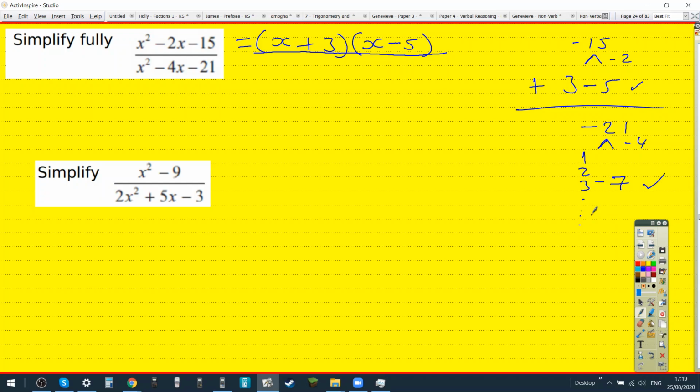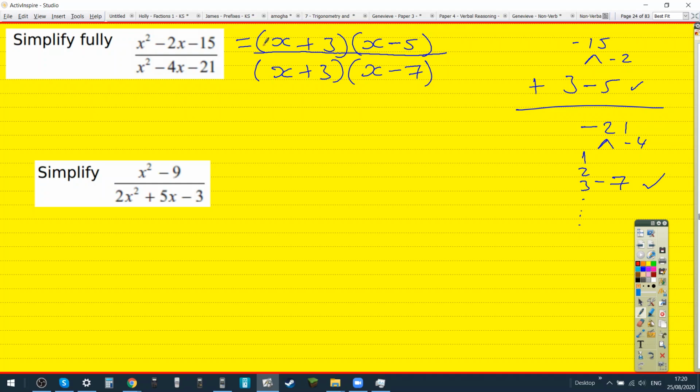So then the brackets will be x plus 3 and x minus 7. Yeah. Anything you notice about the top and bottom brackets? No, one of them is the same and then one of them is different.